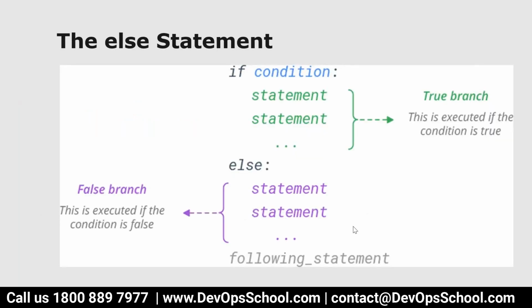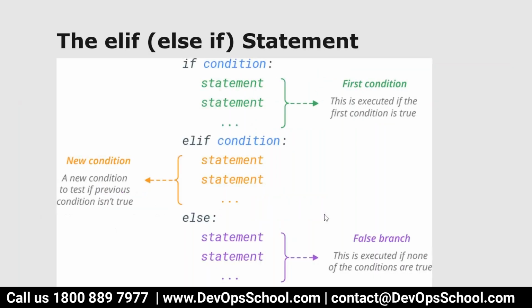Here we have an if else block. If the condition is true, then run the statement, else run another statement, which you can find in the else block. Simple. Now there is an elif also. So here multiple elifs are there, which you can use.